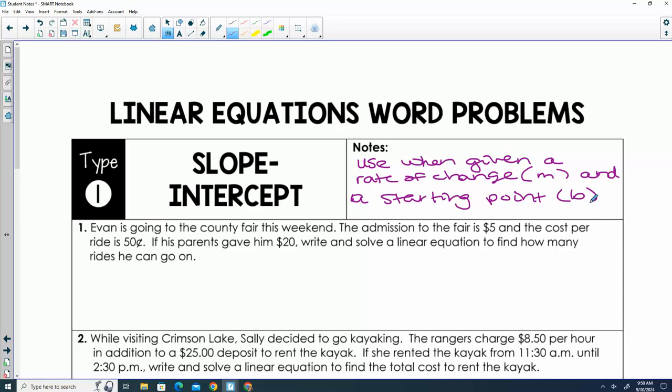So if we look at this first one. Evan is going to the county fair this weekend. The admission to the fair is $5 and the cost per ride is 50 cents. Let's just stop there. That first sentence is what we need to write our equation.